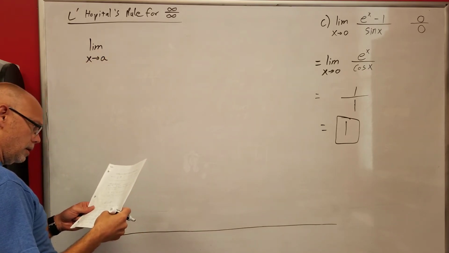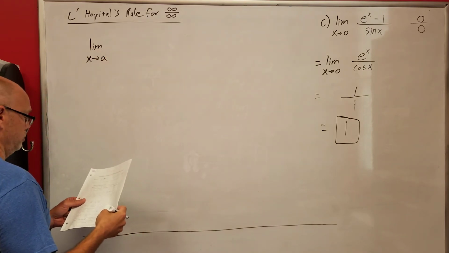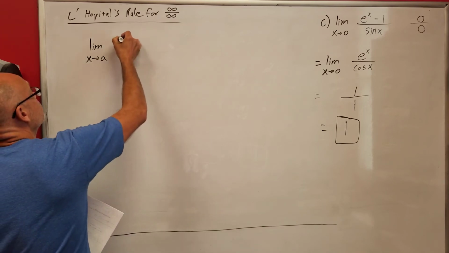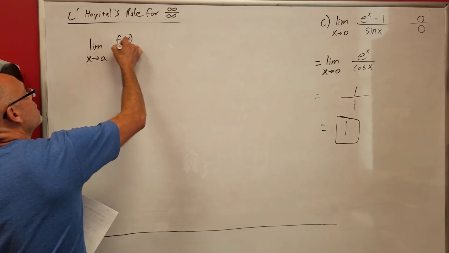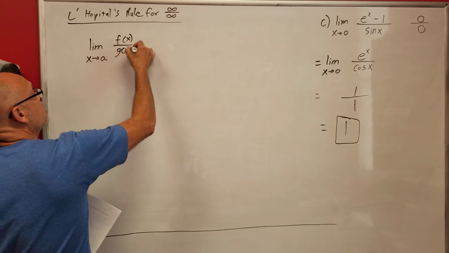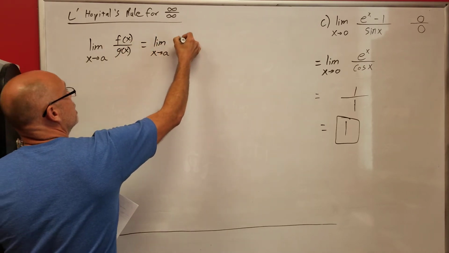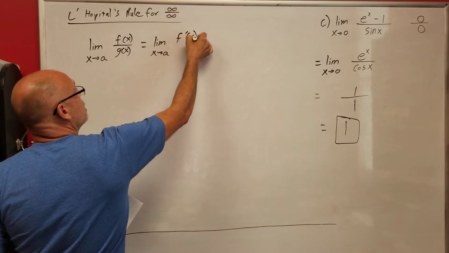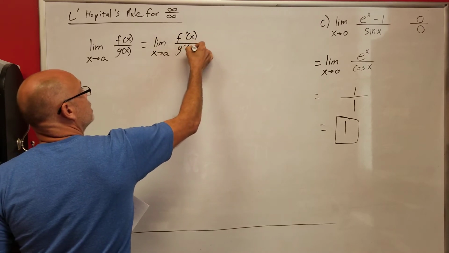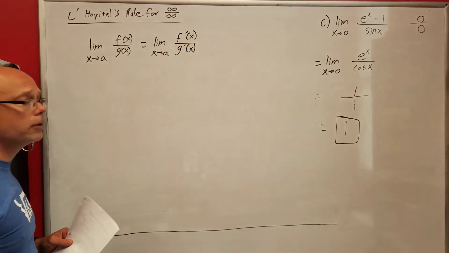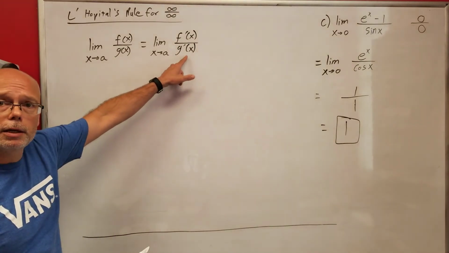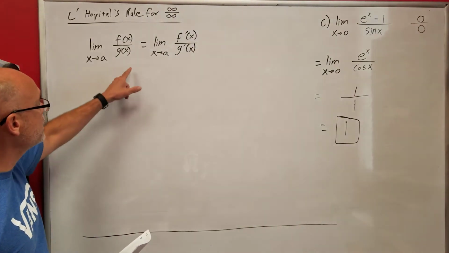Limit as x approaches a, f of x over g of x. We're going to try to rewrite as the limit as x approaches a of f prime of x over g prime of x. Again, if this limit exists, or is infinity or negative infinity, then we could say that.